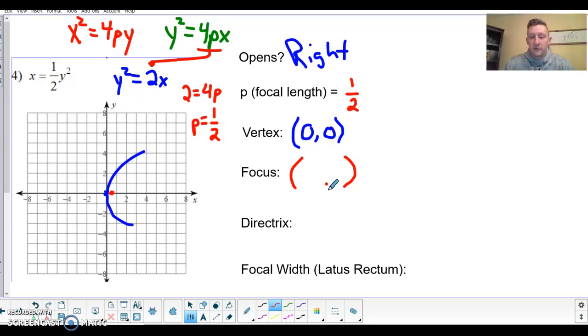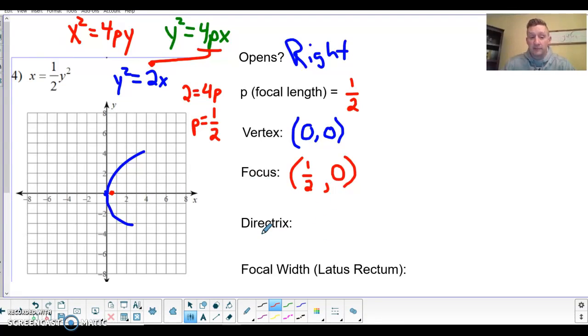Well, the first part of my xy coordinate pair would tell me x: did I go right or left? Well, from the origin, I'm 1/2 unit to the right. So the x value of that point is 1/2. The y value of that point, well, we didn't go up or down at all. We're still on the x-axis, so that must be 0. So my focus is at 1/2 comma 0. That's that point right there.